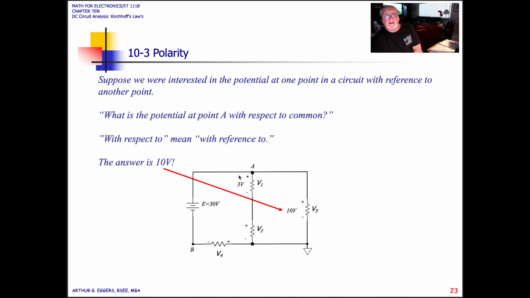In this case, since we are looking at the voltage across the battery, the source, 30 volts, the resistor down here where we have a voltage drop of V4 is going to determine that we only have 10 volts across A and the reference point. The voltage drop across V4 by inspection then becomes 20 volts if we know that we only have 10 volts here.